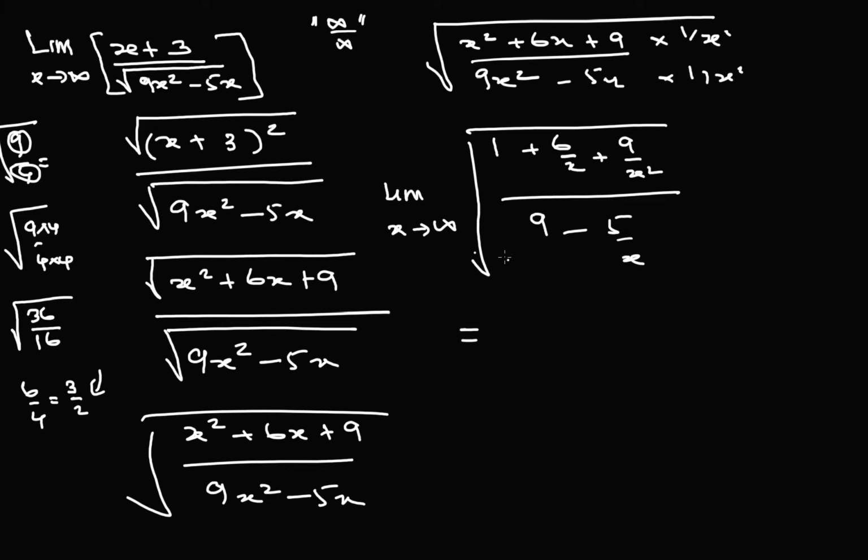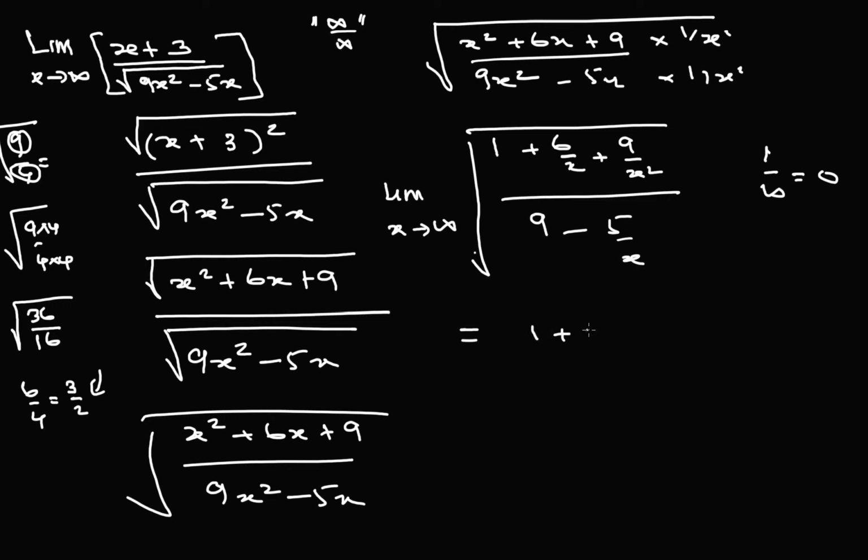Okay, so now what happens when we replace the values? Here we're going to have 0, because you have to remember that we said that 1 over infinity should give us 0, or any number over infinity should give us 0. So infinity, infinity there, this is 0 and that's 0.